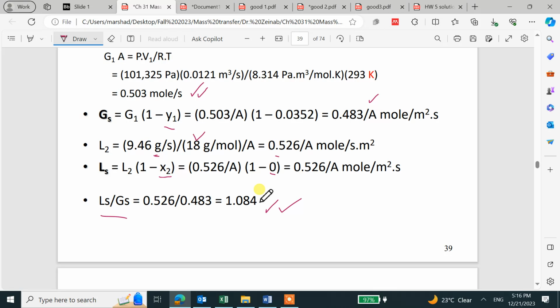Now the minimum, how can we find the minimum?